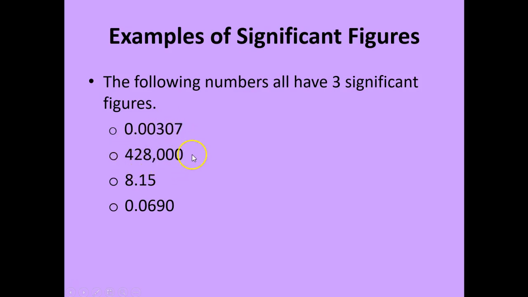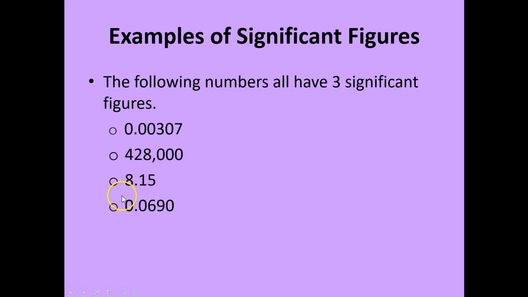You'll recall that trailing zeros are not significant if there is not a decimal point. And so because there is no decimal point here, these 3 are simply placeholders to get us into the hundred thousands place. And so this number only has 3 significant figures, the 4, the 2, and the 8. This one has a decimal point, and so all numbers are significant, the 8, the 1, and the 5.